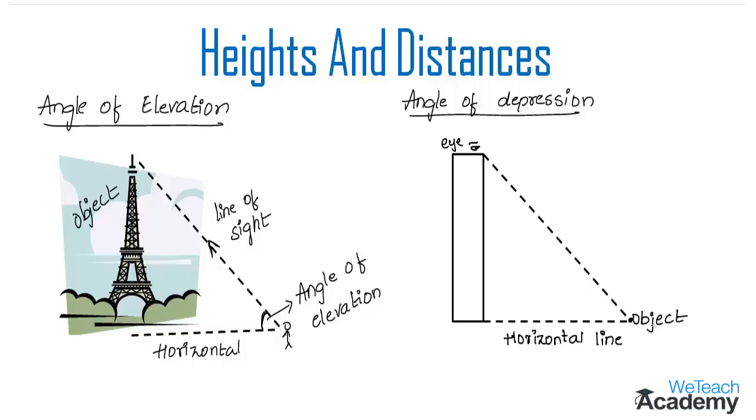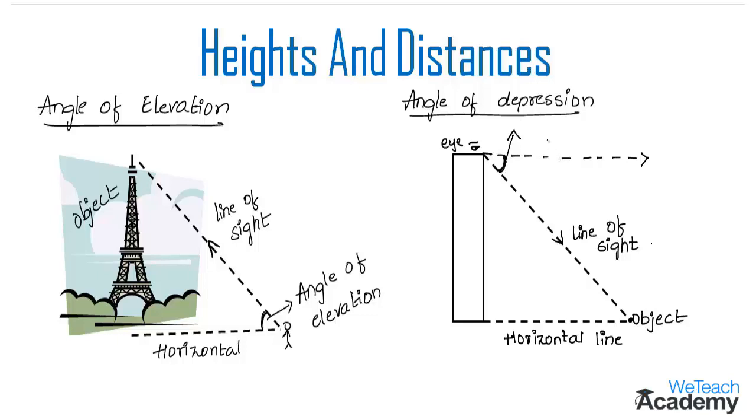Here there is an object whose line of observation is in the downward direction. This is nothing but the line of sight, which is in the downward direction. Now let us draw a horizontal line through the observer's eye. This is the horizontal line, and the angle made between this horizontal line and the line of sight is called the angle of depression.